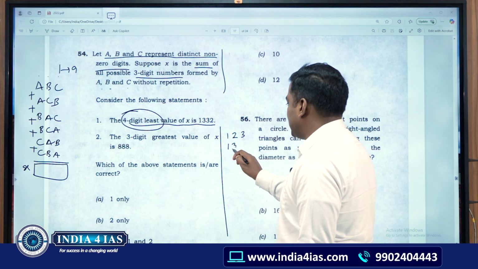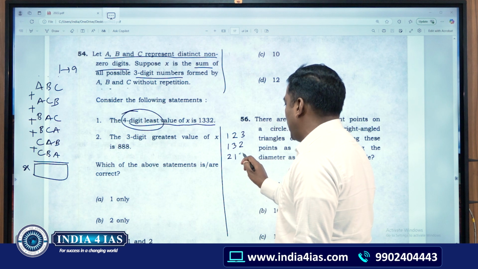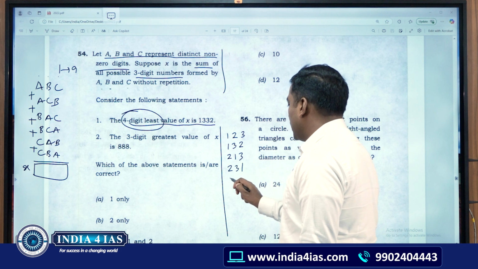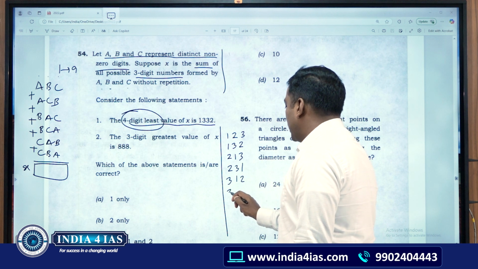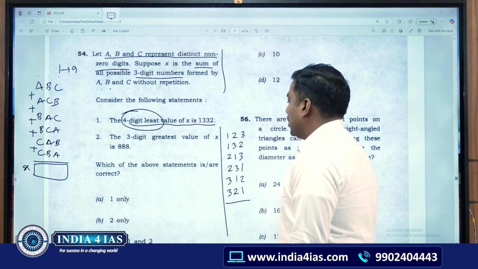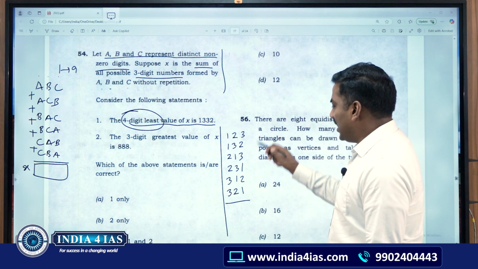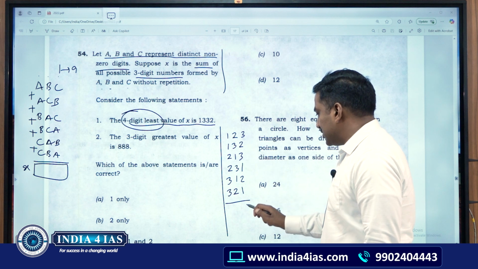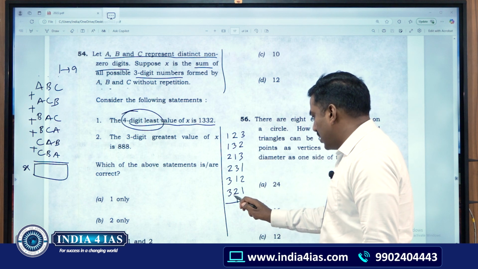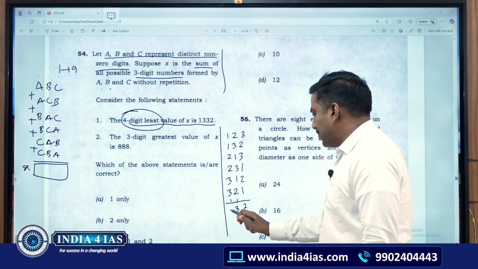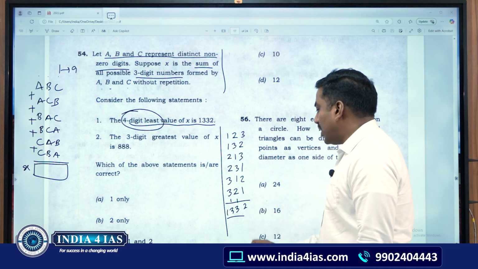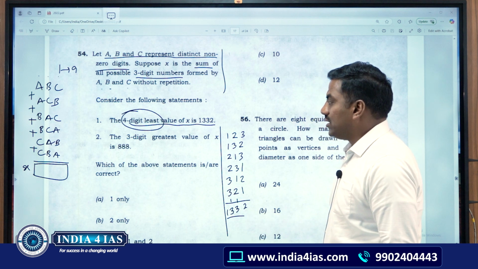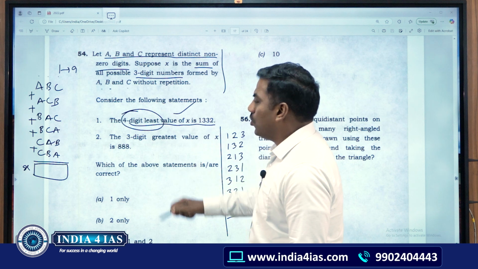Then if I interchange these: 1, 3, 2, then 2, 1, 3, 2, 3, 1, then 3, 1, 2 and 3, 2, 1. If you add these, you are going to get the sum. This is 12, this is 12 plus 1, 13. So 1, 3, 3, 2. This is the least value that is possible.